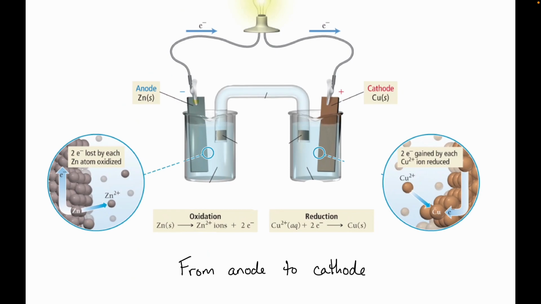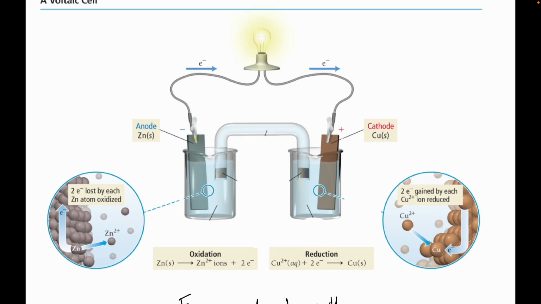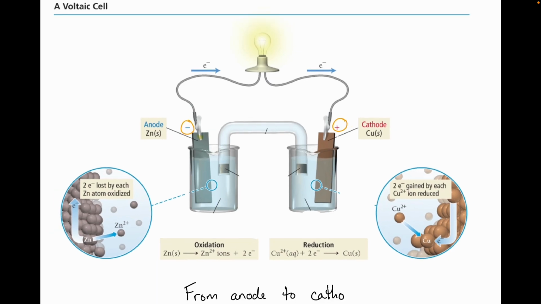Okay, if you've ever used a battery, you see that they're marked with positive and negative ends here. Electrons are negatively charged. So which end are they going to be attracted to, the positive end or the negative end? The positive end. So the positive end is our cathode. And the negative end is our anode, right?